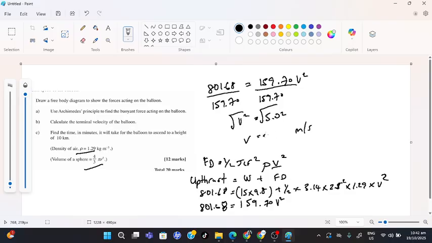I end up with 2.24 meters per second. All right, take a screenshot of that, and let's look at the last question on this section.